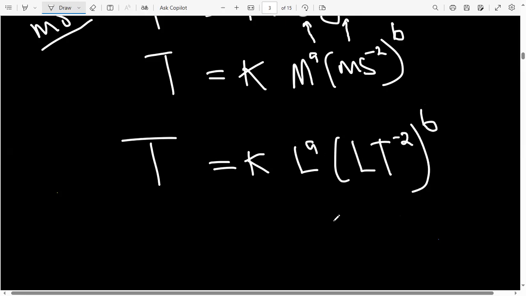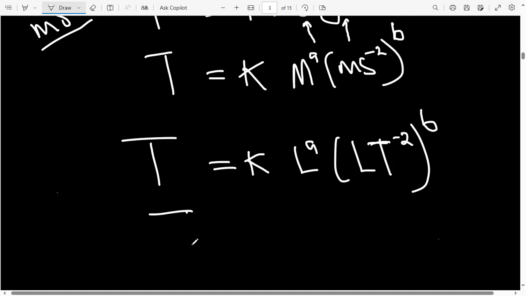And then remember that the units for a period are what? The period is just the time, right? You remember, guys? So the period is the time. So where there's T here, I can also put an s, and then I'll still replace it with the T, because the dimension for time is T. Once you reach here, what you're going to do is distribute this b power to the L and to the T to the power minus 2.